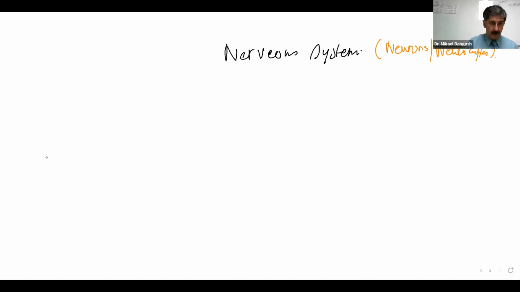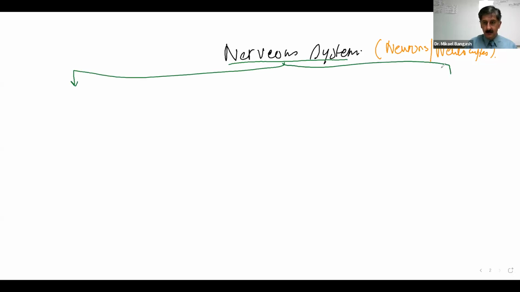But division-wise, we can mainly divide the nervous system, it can be subdivided into two major forms. One is what we call the central nervous system. You may in some cases see that this is abbreviated as the CNS. C for central, N for nervous, and S for system.